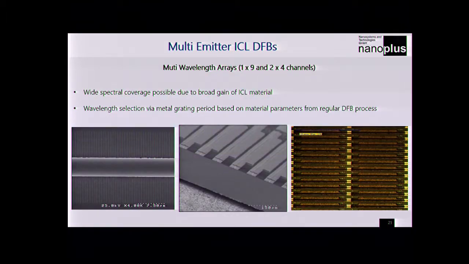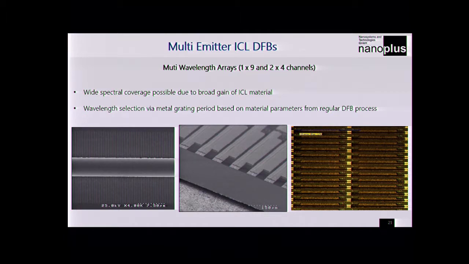We took it even one step further in another project, because we had a question: how many lasers, or can we even cover more channels? So we produced multi-wavelength arrays. We had an array with 9 emitters, and we had a system covering 2 times 4 channels.